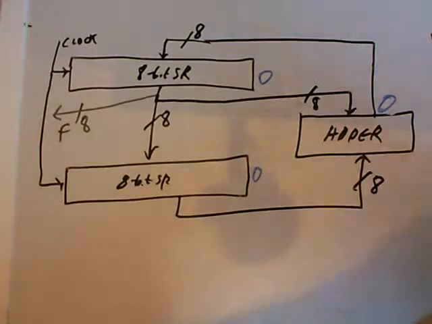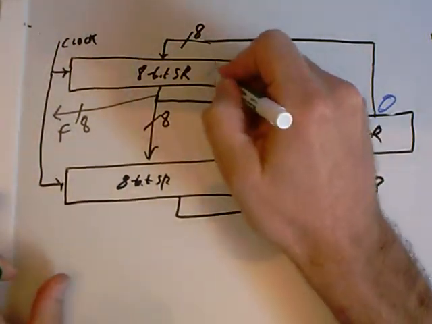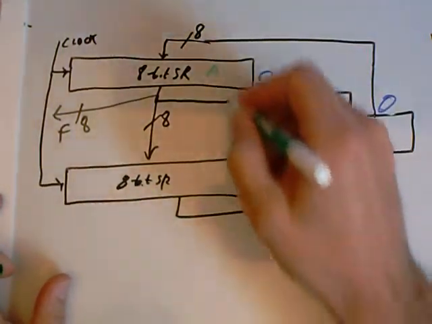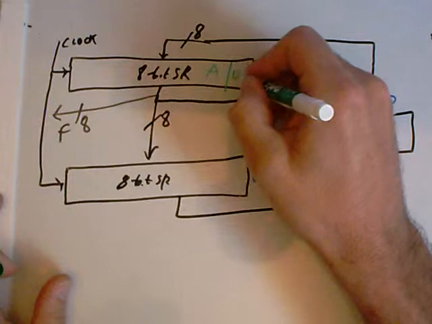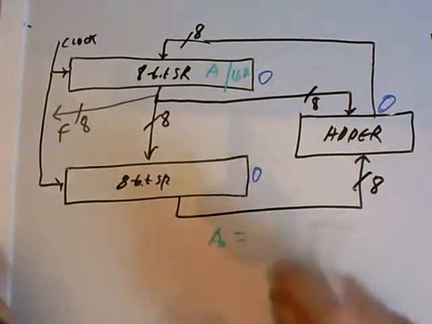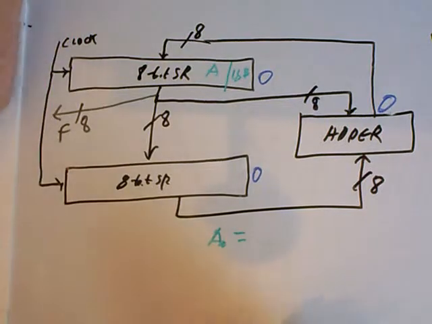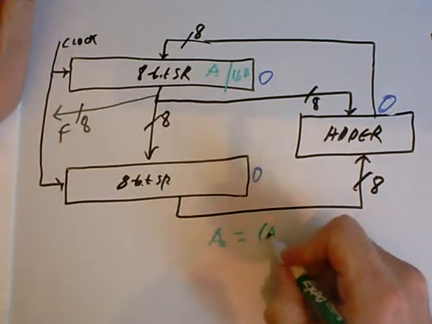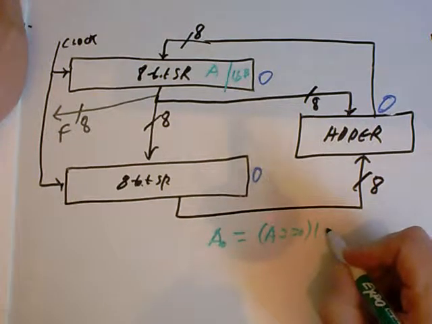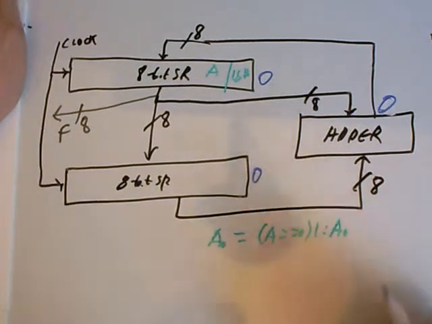And if we call this register A, what I'm going to do is feed this least significant bit A0. It's going to be the following. If A is equal to 0, I'm going to load a 1. Otherwise, I'm just going to load A0.